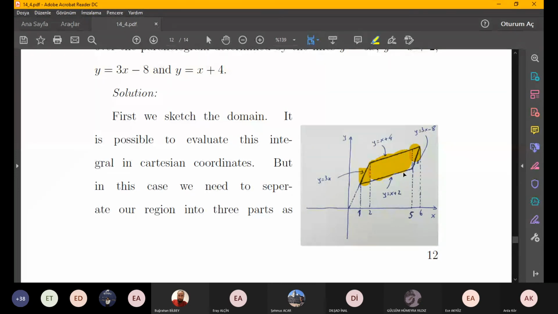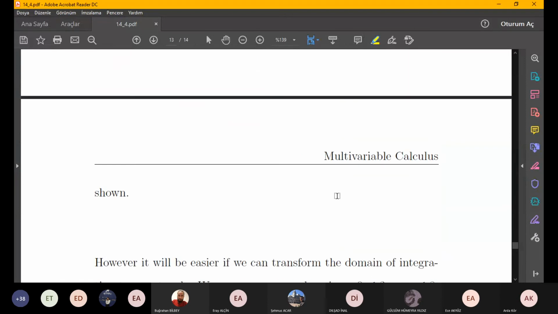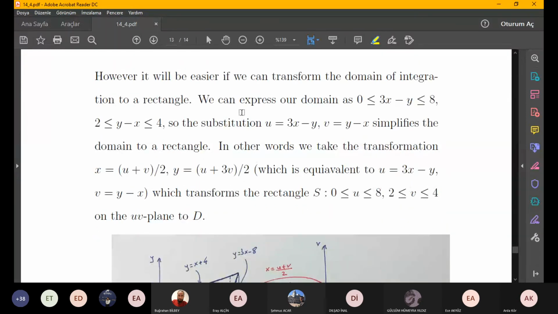So we will try to make it easier to compute by transforming the domain into a rectangle. We will try to transform that domain into a rectangular region. If we express our region as 0 less than 3x minus y less than 8, and 2 less than y minus x less than 4, those are the boundary lines.